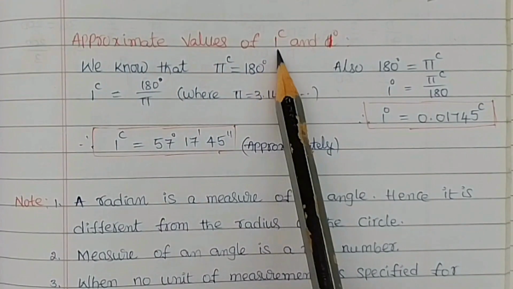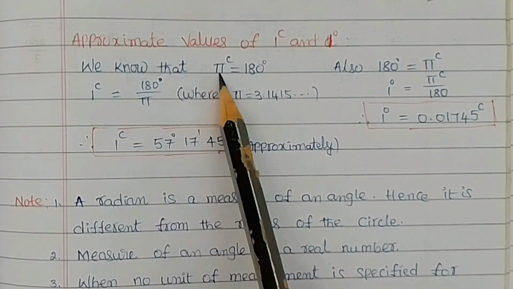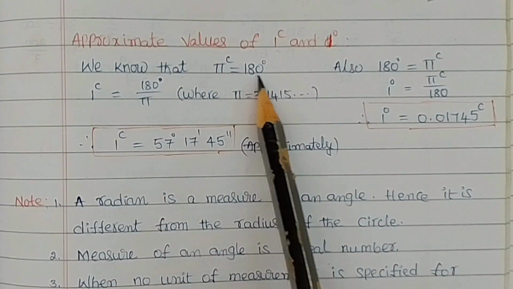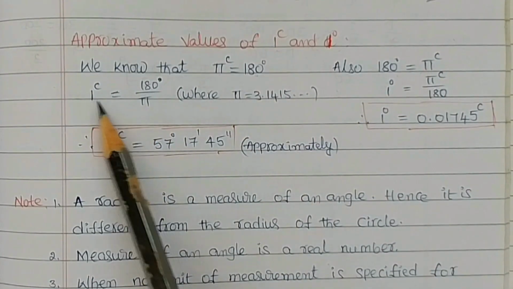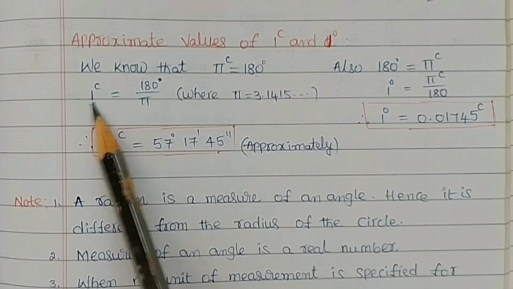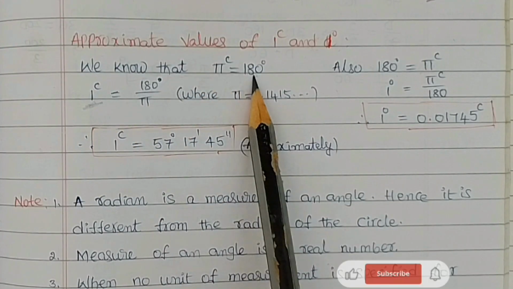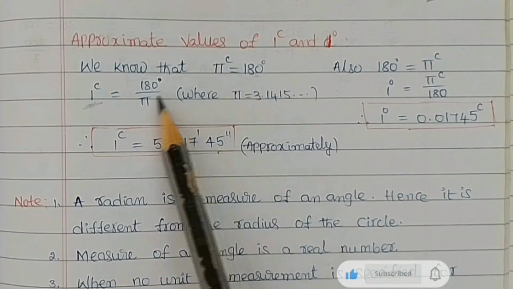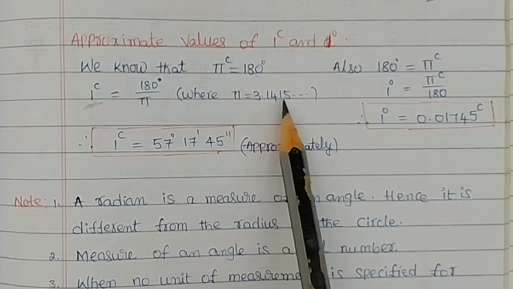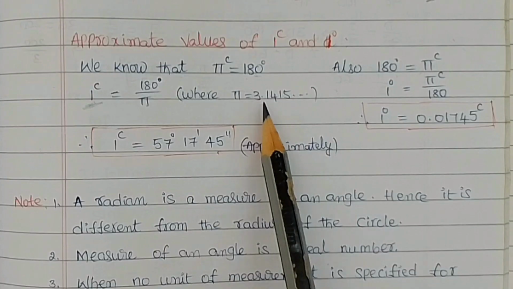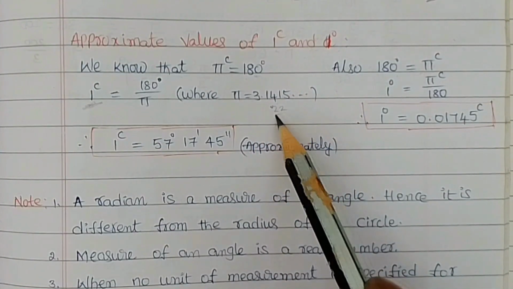Approximate values of 1 radian and 1 degree. We know that π radians equals 180 degrees, so 1 radian equals 180 by π. What is the value of π? π equals 3.141 and so on, or 22 by 7.